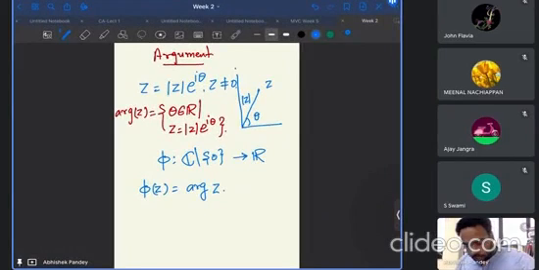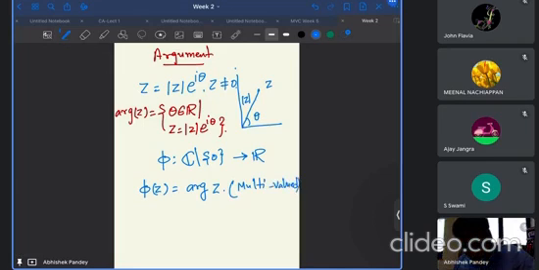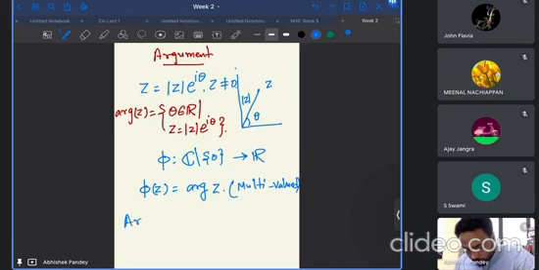What is our aim? We want to make it a single valued function. So what we do for that is define capital ARG.